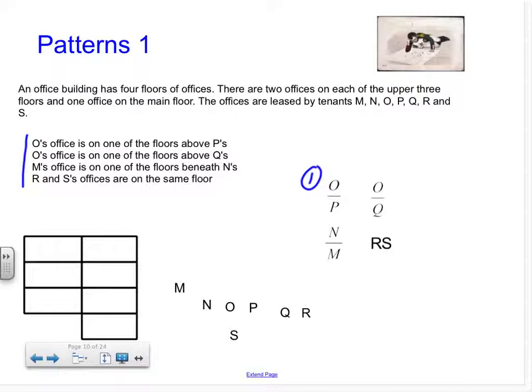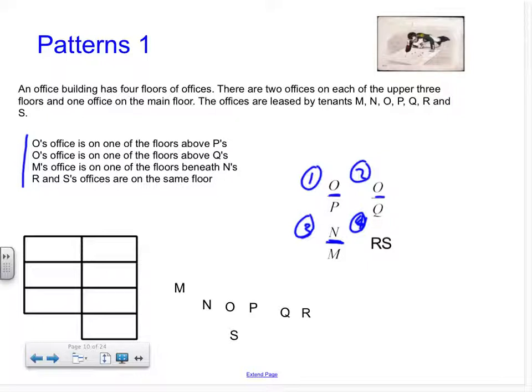For the first condition we have O on top of P. For the second condition, we have O on top of Q. It kind of looks like a fraction symbol in math. And the third condition, we have M below N, or N on top of M. And for the fourth condition, we have R and S occurring together.